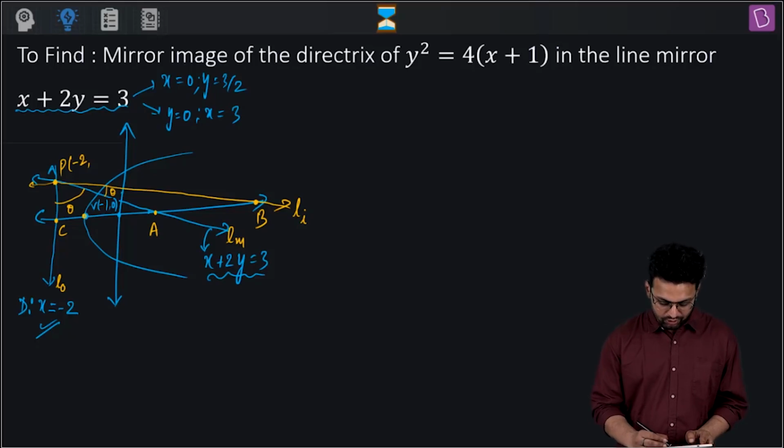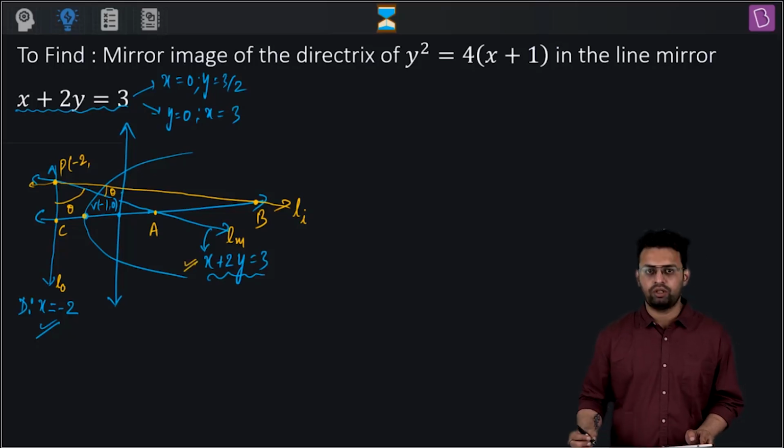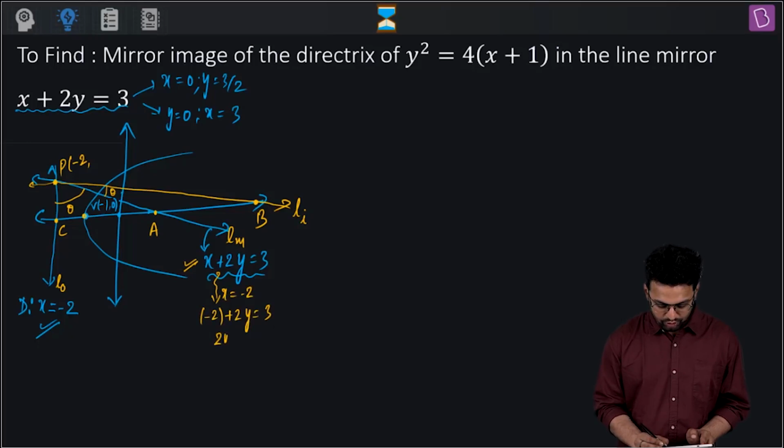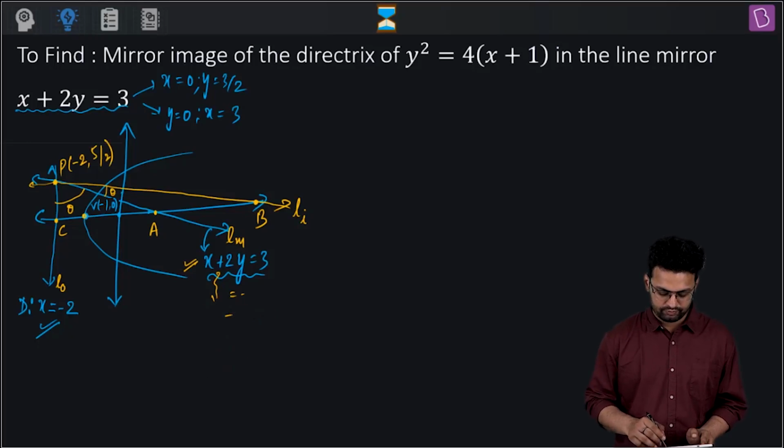If you clearly have a look, the point P lies on the mirror line. So the moment I put x = -2 here, I'll get -2 + 2y = 3. That gives me 2y = 5 and y = 5/2. That means the y-coordinate of this point P is going to be 5/2. Cool?